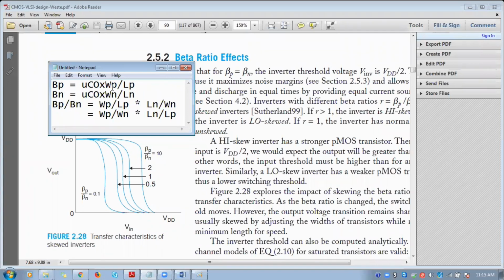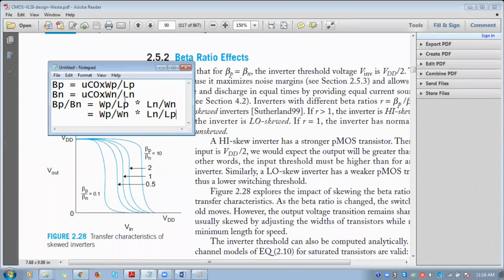Actually, beta P is mu C naught x WP by LP. I have mentioned WP, WN, LP, LN because the NMOS and PMOS will have different sizes. Yesterday we discussed that we will choose the size of PMOS as twice that of NMOS, and in most cases the length won't be changed.